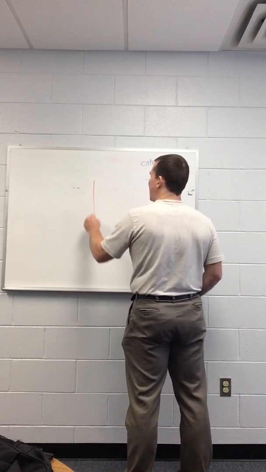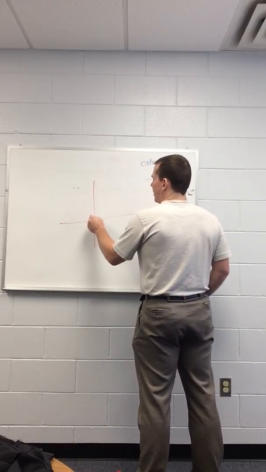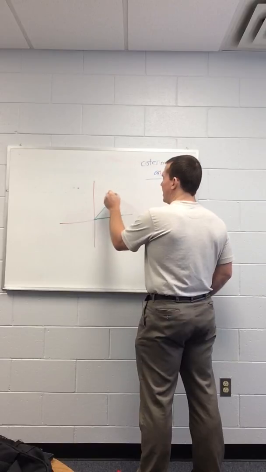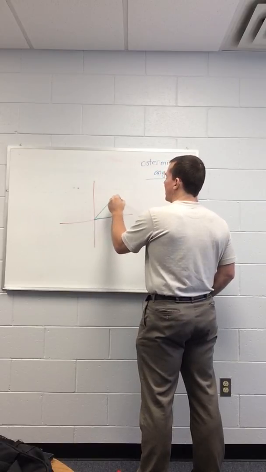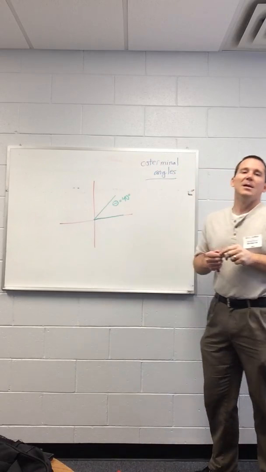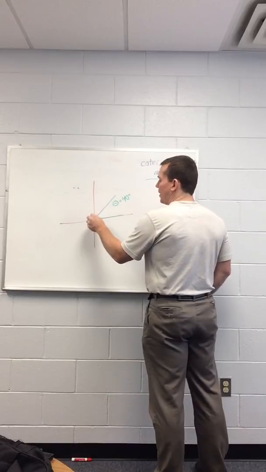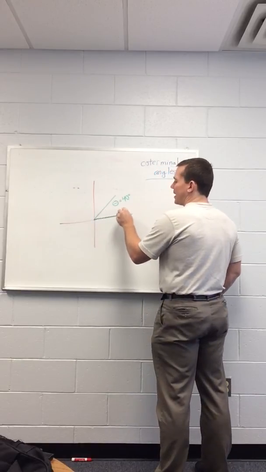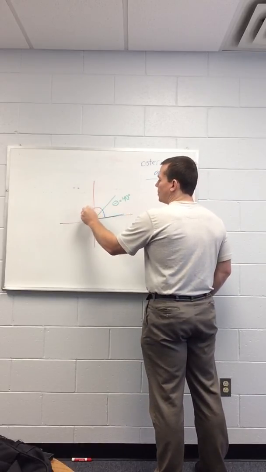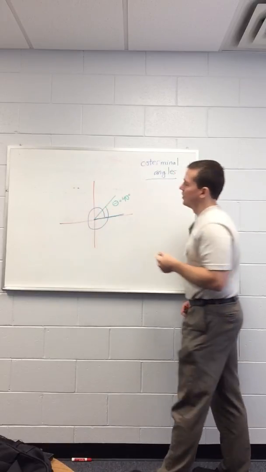So suppose I have an angle right here, and we'll say theta equals 40 degrees. I want to find an angle coterminal with that. So we already said one thing I can do is start at the same spot, go completely around the circle, and then finish here.